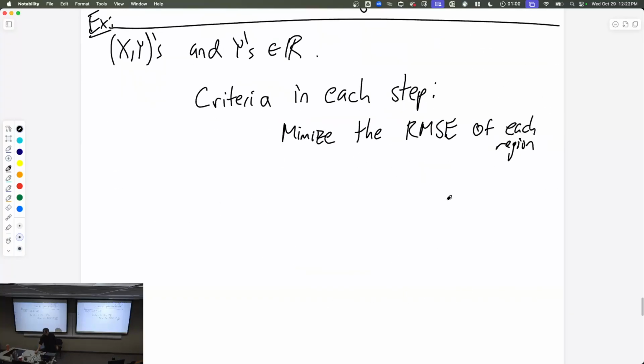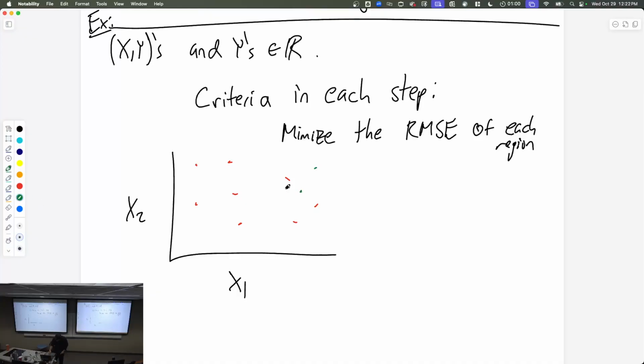So in other words, if you had X1 and X2, and a bunch of different houses spread out throughout, and maybe there are some expensive houses, some cheap houses and some middle-priced houses, you would try to divide this up into regions, grouping together all the houses that are the same price to minimize their RMSE. So maybe something like this.